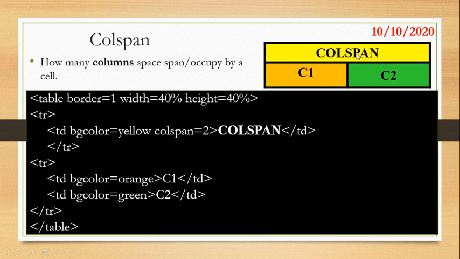Now we have to move to the second cell of the second row. You have to write td, and the bg color is green, and the text is C2, and we have to close the td, and then we have to close the tr, and at last we have to close the table. Thank you.